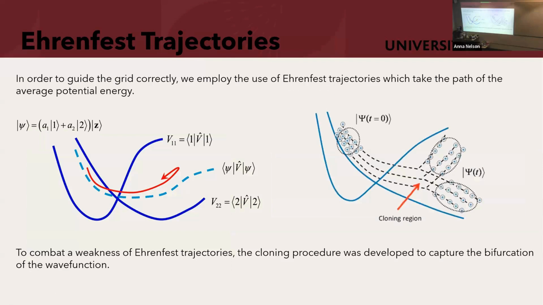To counteract the disadvantage when you leave the crossing region, where the wave function is bifurcating or the potential energy surfaces diverge from each other, you have this cloning procedure, where we can create another few basis functions within the trajectory itself, such that our trajectory can bifurcate, just like the wave function does.